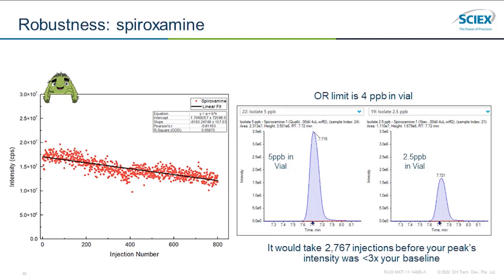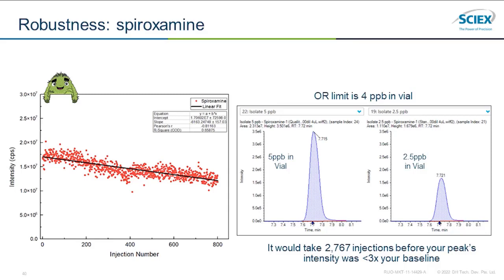And what we can do with this data is decide, all right, we know it's going to fall out of that plus or minus 30%. But that plus or minus 30%, what does that mean? That just means that we're seeing that deviation. It doesn't mean that we still can't meet our method requirements. To do that, we'll have to figure out when it wouldn't meet our method requirements.